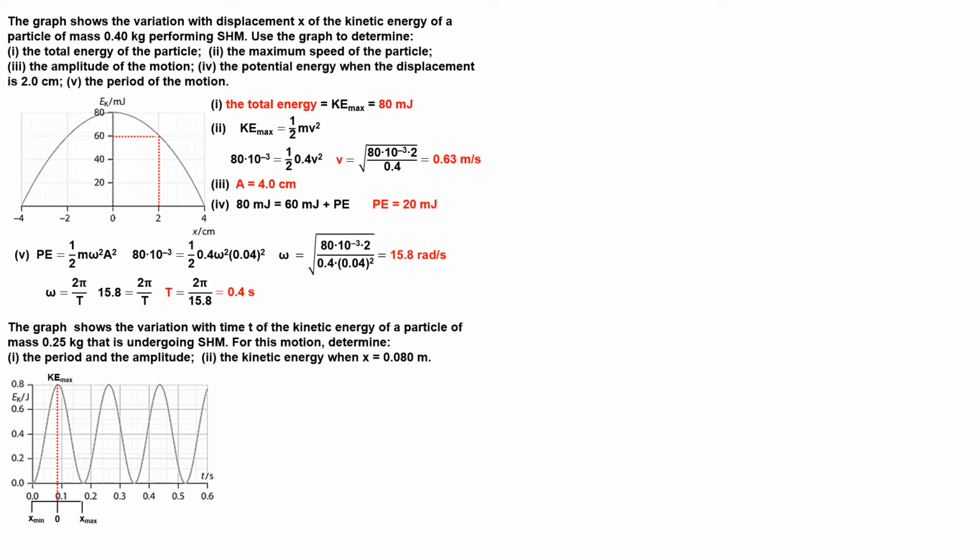It's 0 again at about 0.17 seconds, when it is at the other end. To find the period, the particle has to return to its original position, and that happens at 0.35 seconds. So the period is 0.35 seconds.